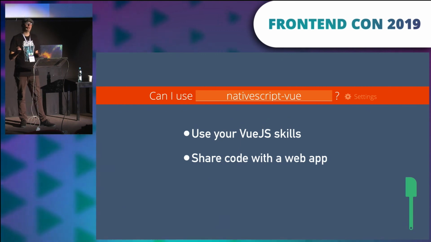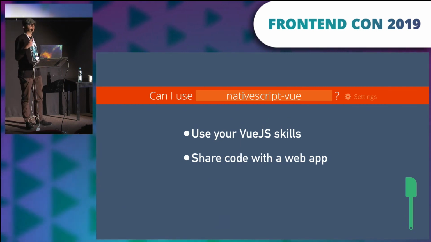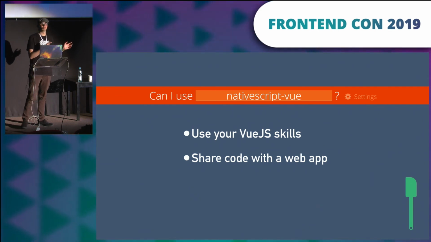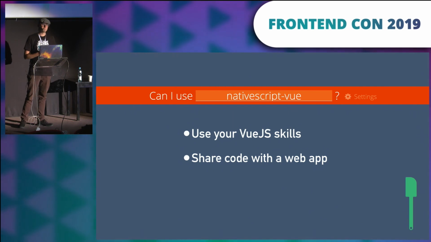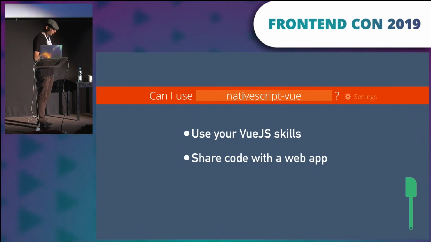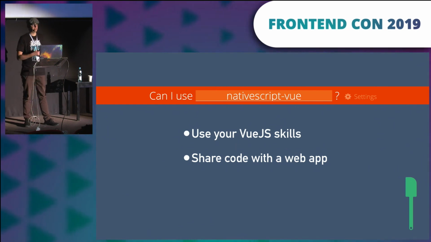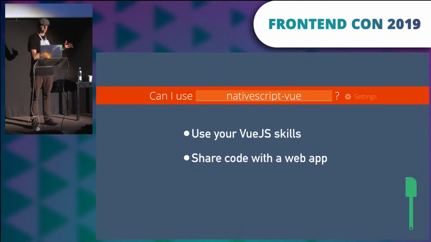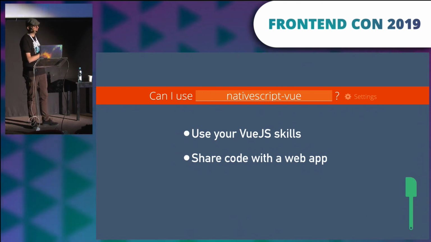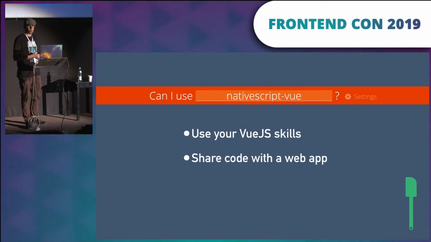Also, if you already have a Vue.js application, chances are that you may reuse some or even a lot of that code in your NativeScript-Vue app. That's what I am doing in my case. So we have this Vue.js web application, and I am reusing a ton of code on the mobile version.